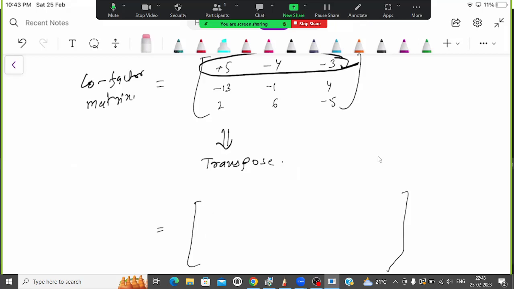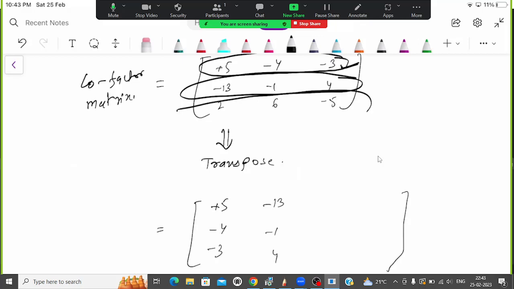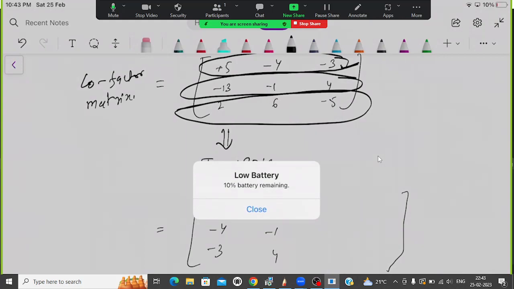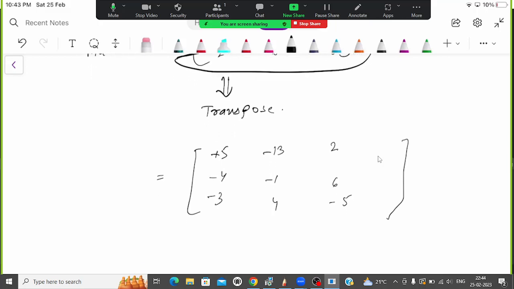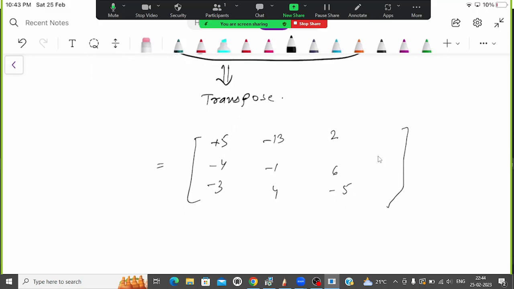So you write it as a column: this is 5, minus 4, minus 3. This row to the second column: minus 13, minus 1, 4. This row to the third column: 2, 6, minus 5. So you have converted it into the transpose.